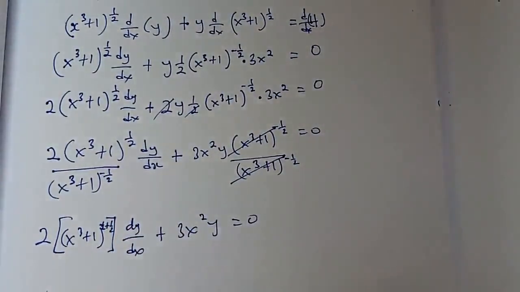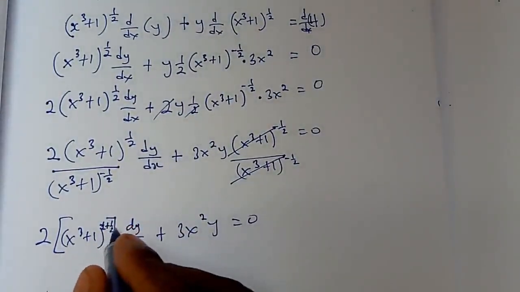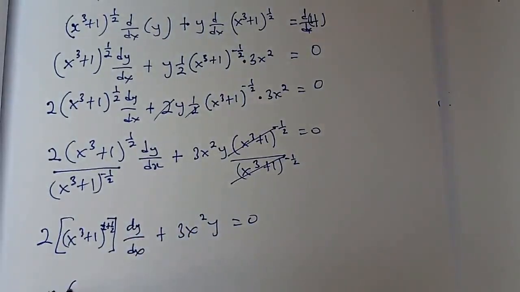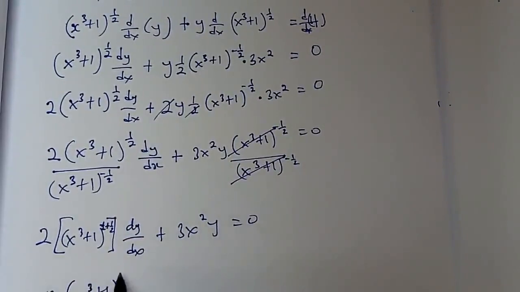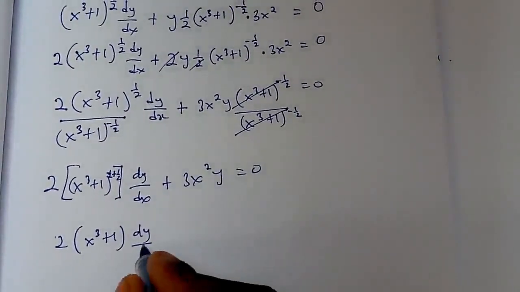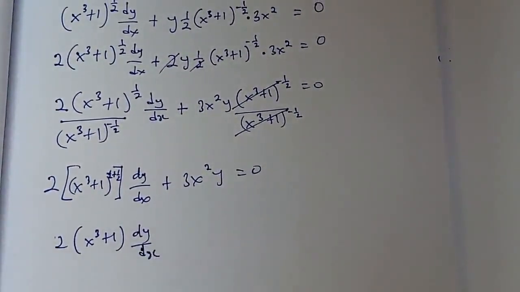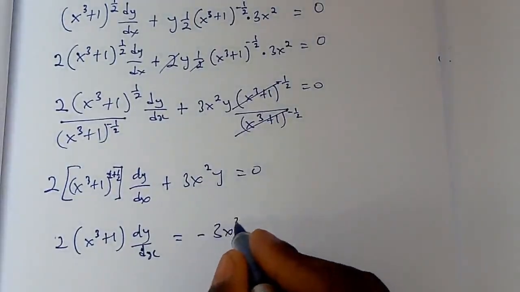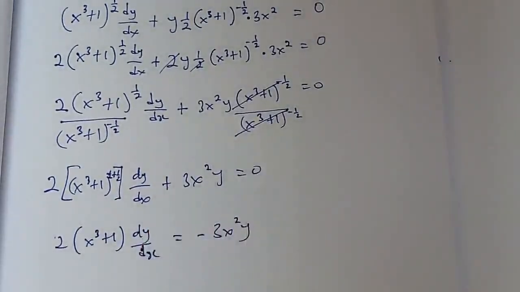So what you can do here, simplify this one: half plus half will give me 1, so I get x to the power 3 plus 1, because the 1 here is not necessary for us to write. Dy over dx here will be equal to minus 3x squared y, because I just move it onto where the 0 is.